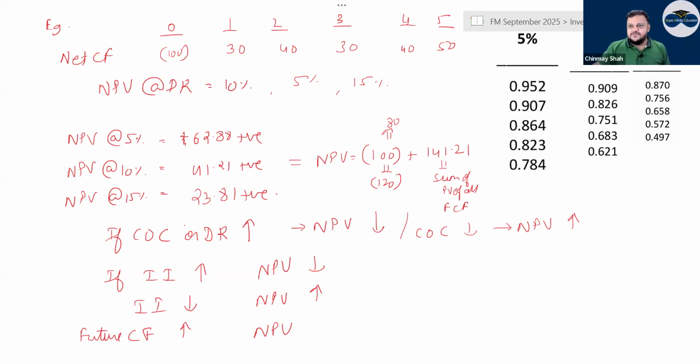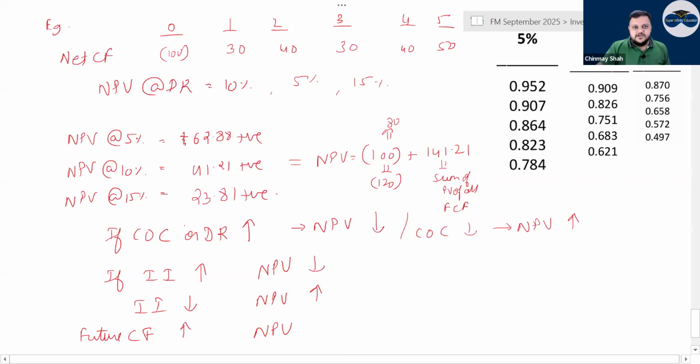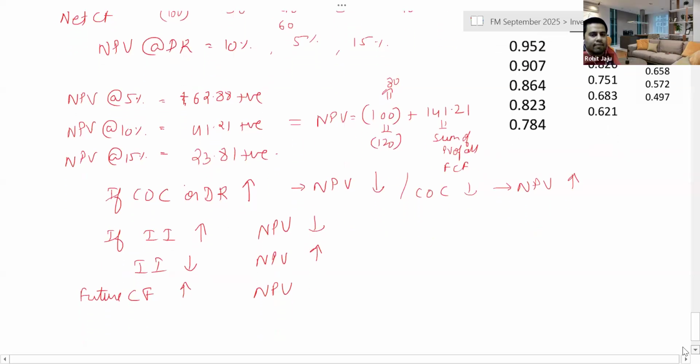See, that means what? Have a look. If instead of 40, right, here it is 60. What will happen to the sum of present value of all future cash flows? Will they go up or go down? Go up. If they go up, will the NPV go up or go down? NPV will go up.